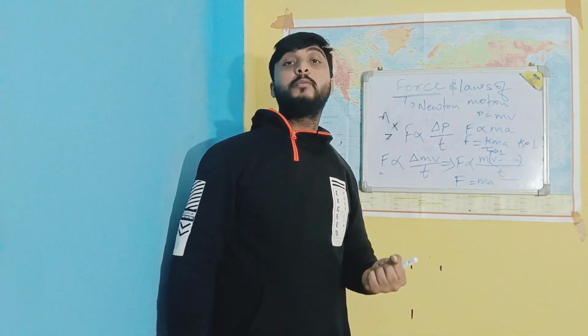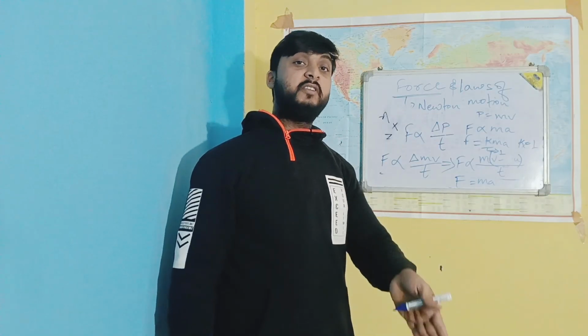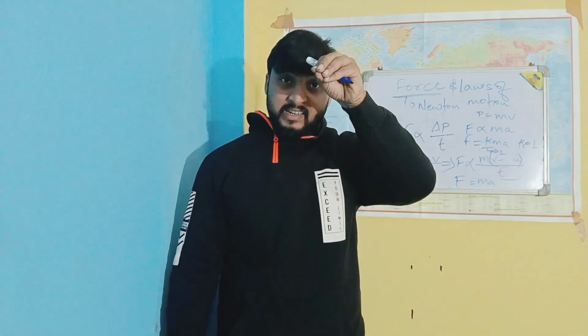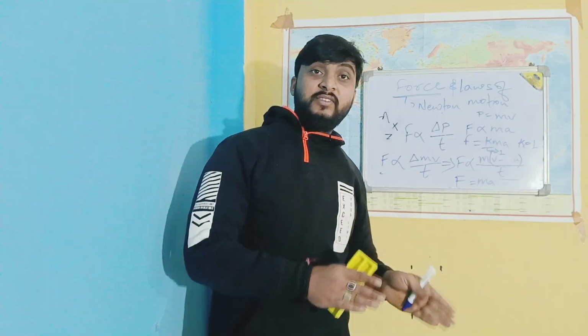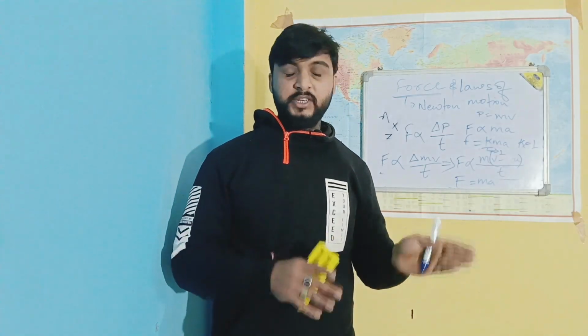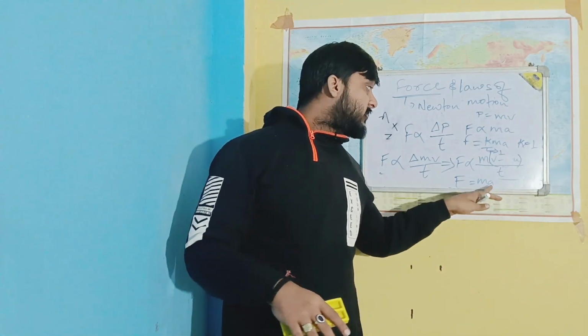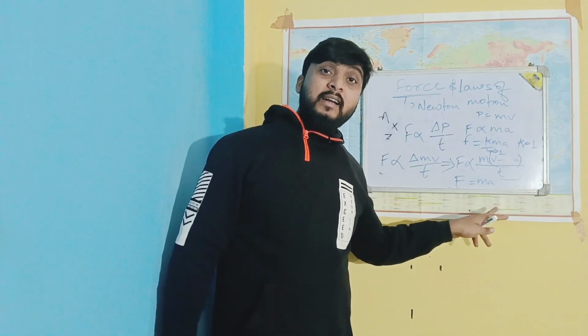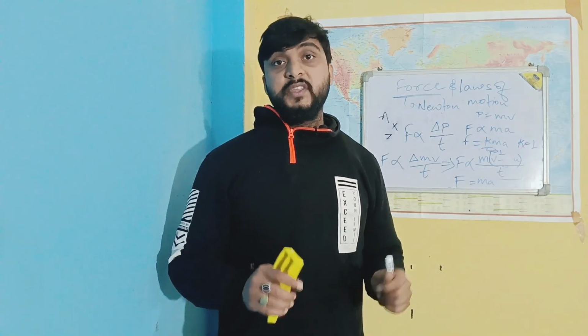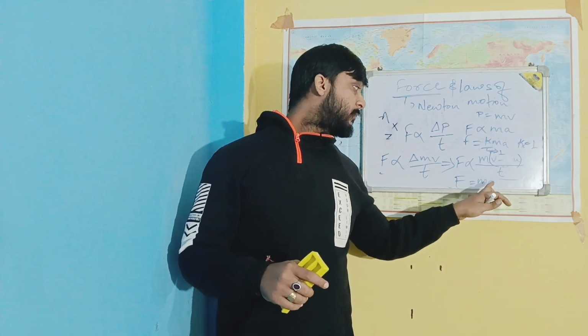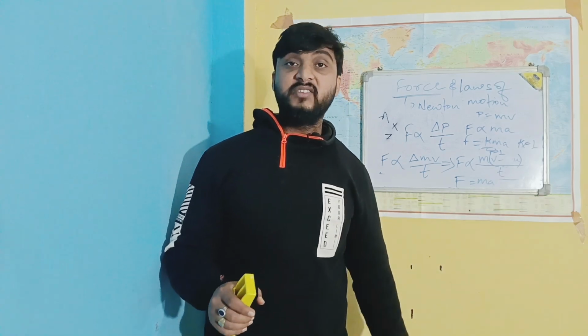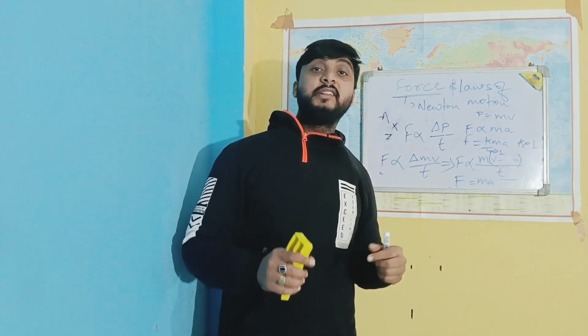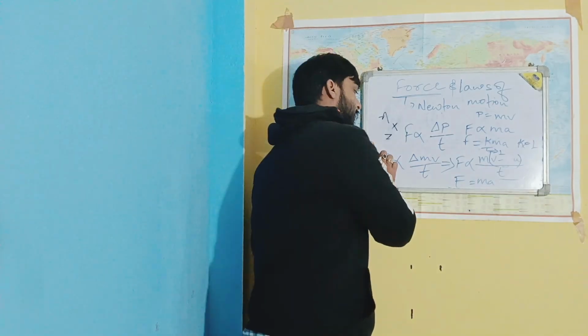How much acceleration the body was attaining means we subtract the initial velocity from the final velocity, and divide by how much time it has taken to move from initial velocity to final velocity. If you multiply the mass of the body with the acceleration it was attaining, then we can know how much force was applied upon the body, right?